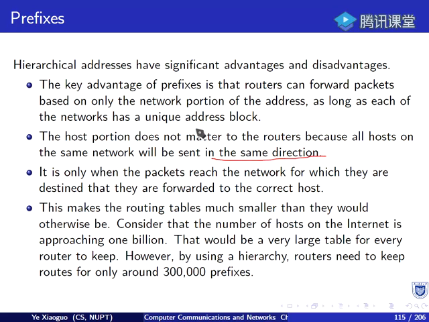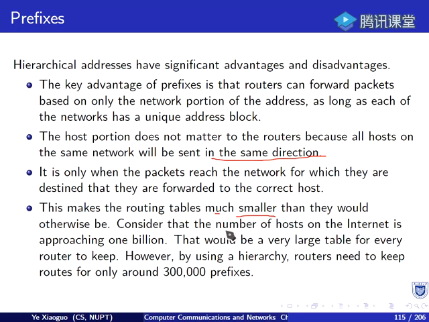So the network portion is more important than the host portion. It is only when the packets reach the network for which they are destined that they are forwarded to the correct host. This makes the routing tables much smaller than they would otherwise be.